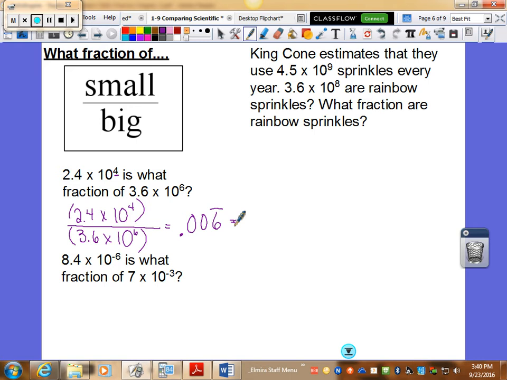When you get 0.006 repeating, and we want to make a fraction out of this, remember that your calculator will convert decimals into fractions for you. You hit the second button, and diagonal from that is a button called PRB.